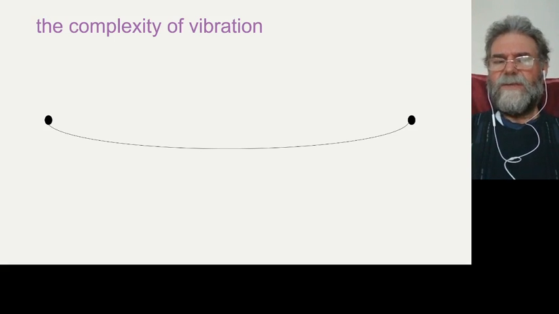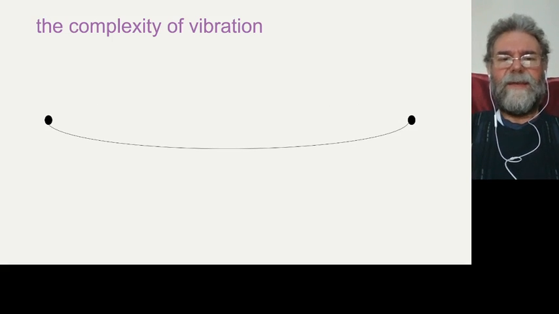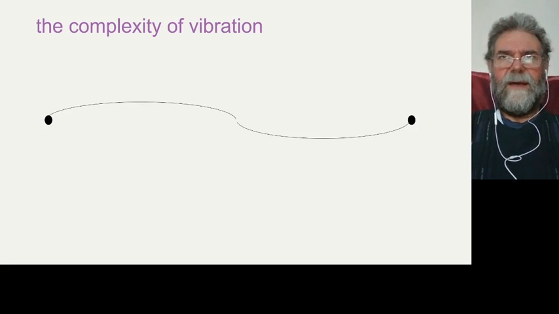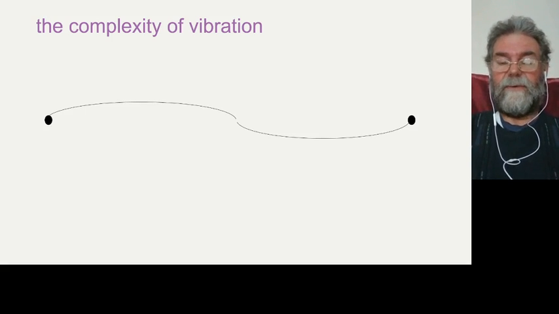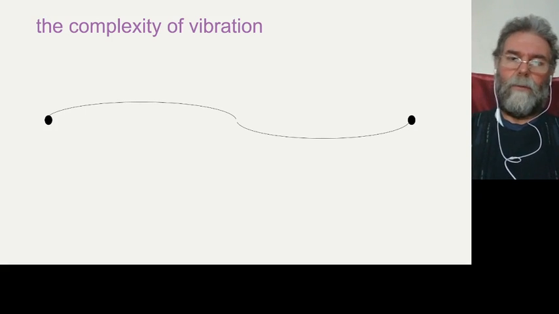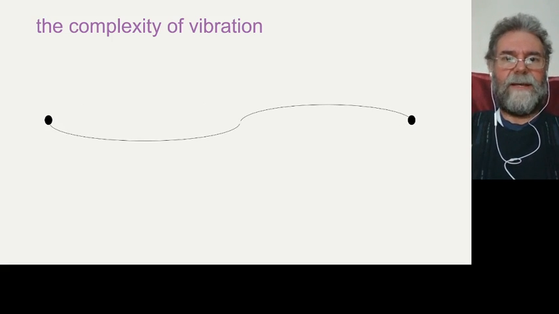But strings don't just vibrate in this simple pattern, going backwards and forwards like that. What they do is they actually have a very complex series of vibrations, because not only does the whole string move backwards and forwards, but at the same time half the string will go in one direction and the other half will go in the other, and that will vibrate.